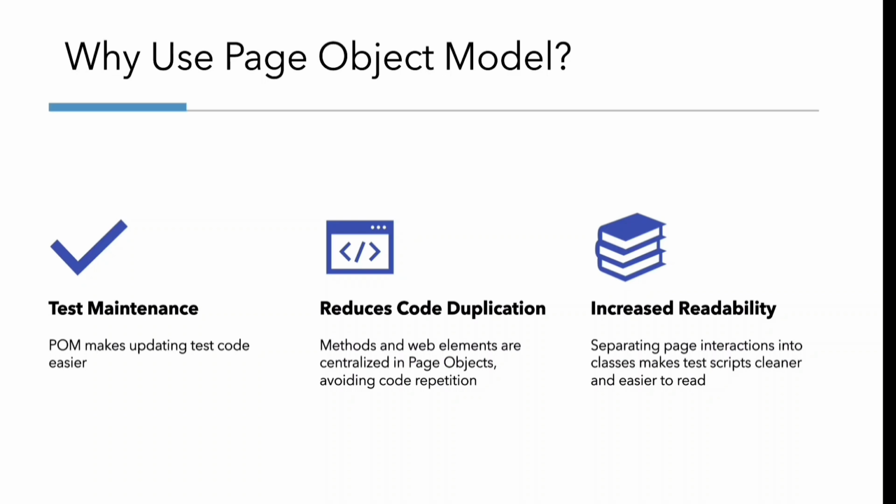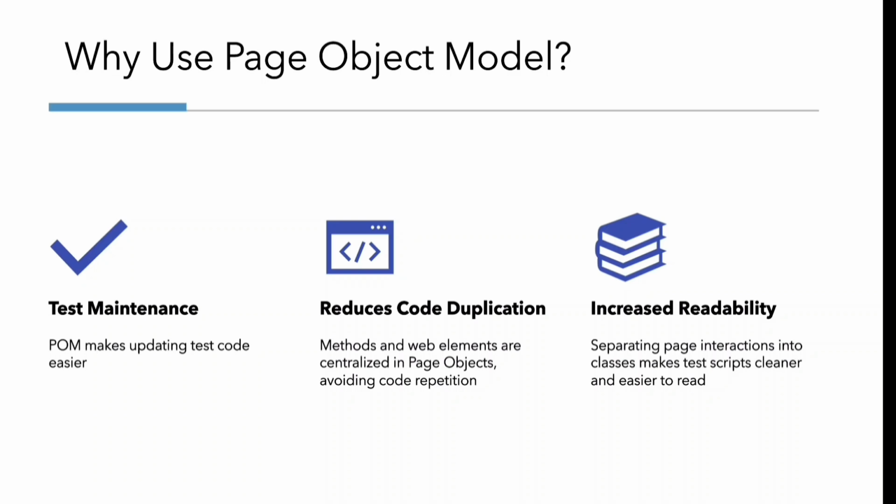So we need to maintain our test script, and we need to make our test code easier to update. Because of that, easy readability should be there. Instead of going and finding the element inside the page or code, we just select that page and change the element, and that's all we need to do. It is a very easy process to maintain the test cases.